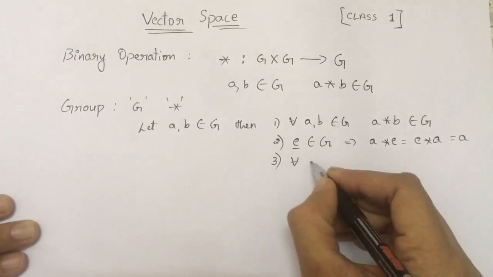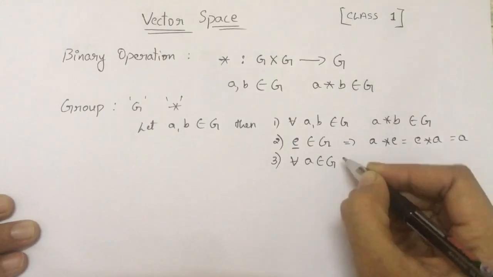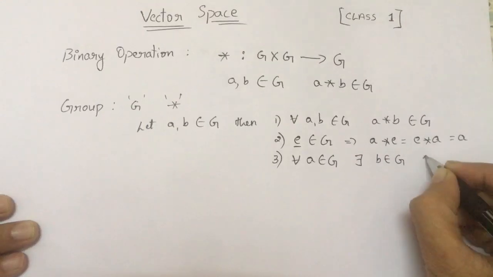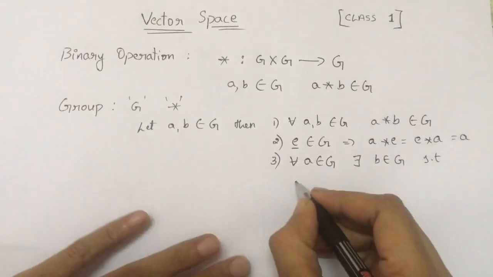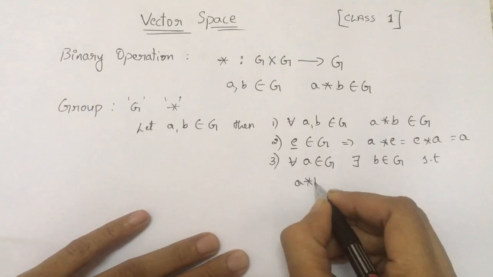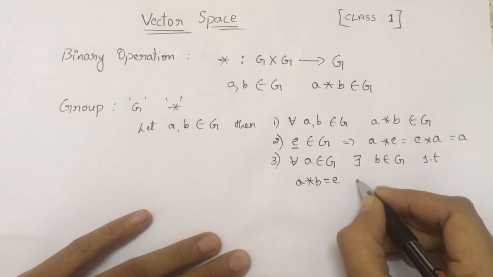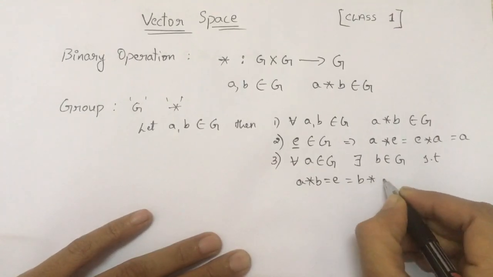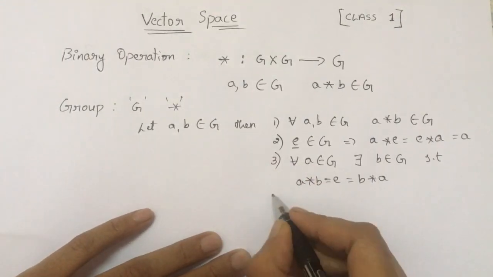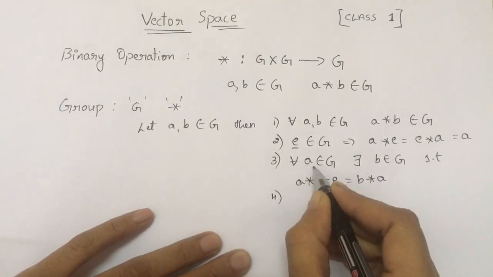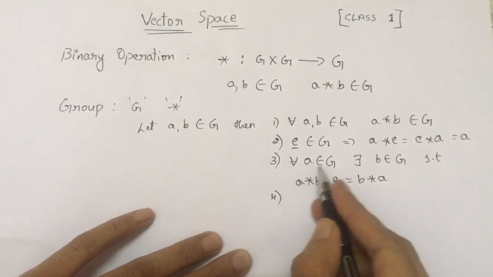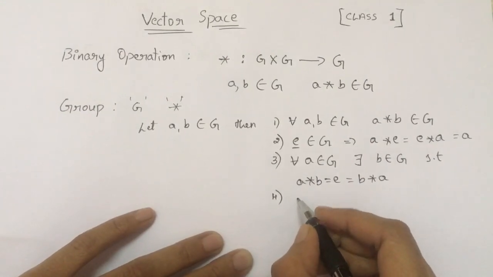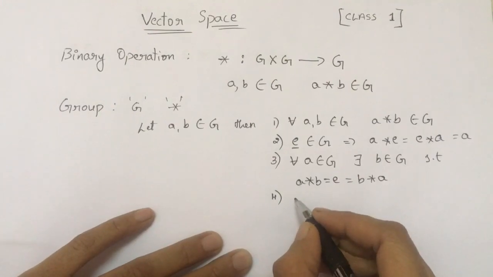And then, for all A in the set G, there exists B in G such that A star B is E, which is the same as B star A. That means an inverse exists for every element in the set G. Then the fourth property is just the associative property.